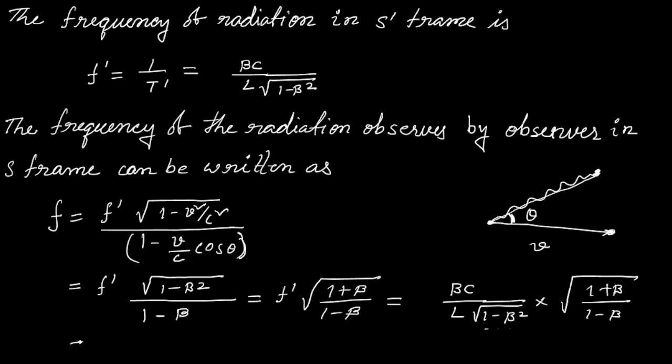So finally we'll get f equals beta c divided by L, times 1 minus beta. So this is the frequency of the radiation that will be observed by an observer in S frame along the direction of velocity of the particle, of motion of the particle.